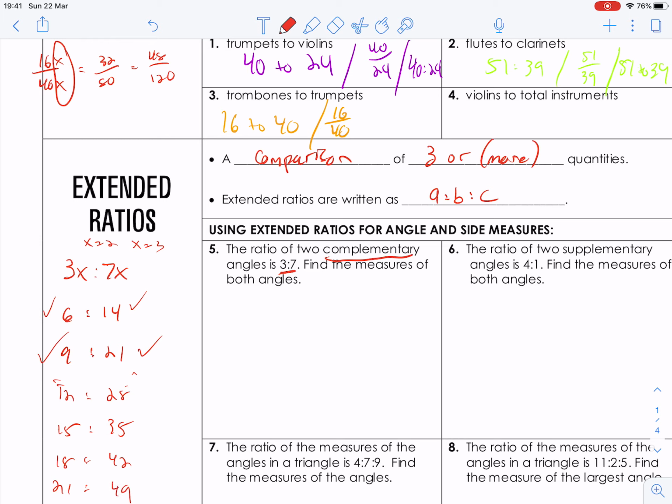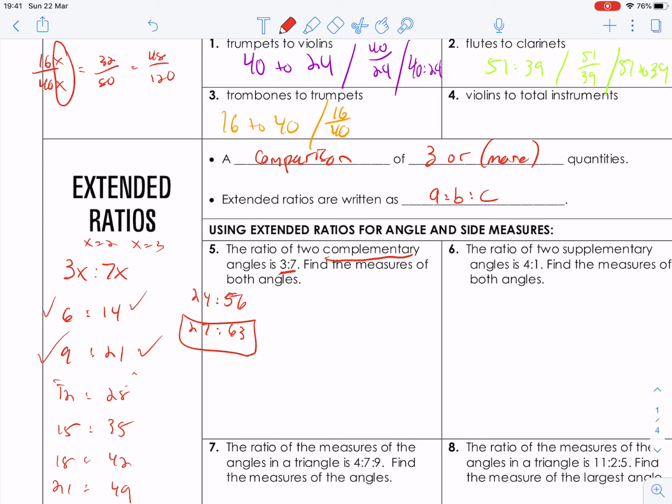Are we getting close? We can go to 24 and 56. What about 27 and 63? There we go. So there is our answer. It could have been 27 and 63. That is the long way, the guess and check way.